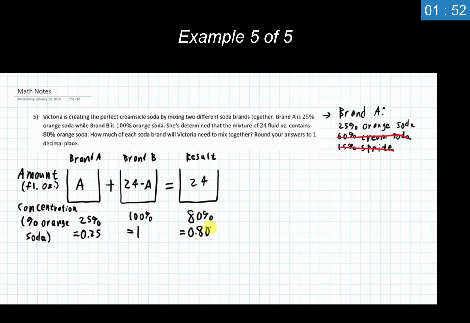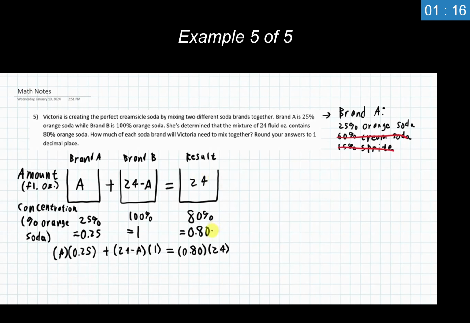From here, now I can make my general and starting equation with this. And now, here's the other part that's a little bit trickier and a little bit different from our previous problems. When we are working with concentrations, meaning we are tracking percentages of things, this is the other instance where we are going to have the amount times concentration plus amount times concentration equals amount times concentration as well.